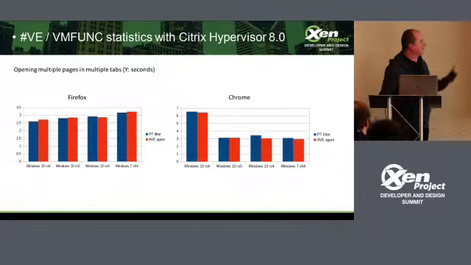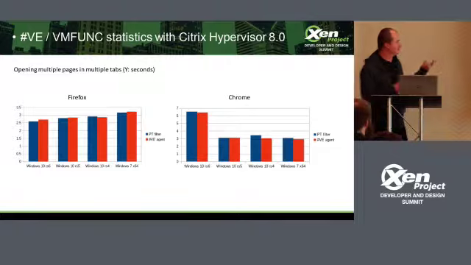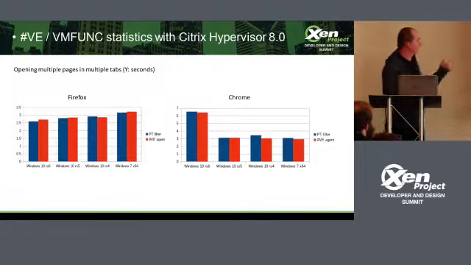In my last presentation in 2017, I presented some basic statistics we did in house. This is Xen 4.12. Actually, no, it's 4.11 with the needed patches from 4.12 for #VE and altp2m.